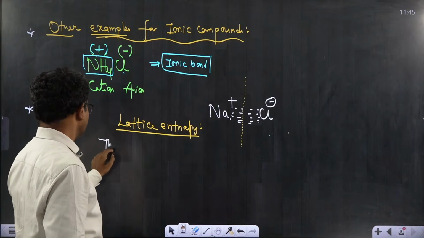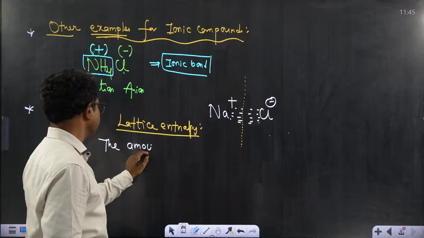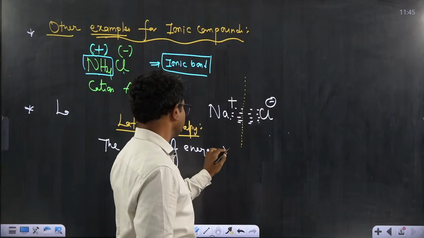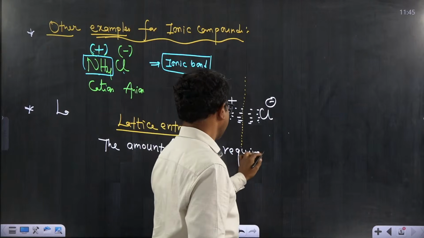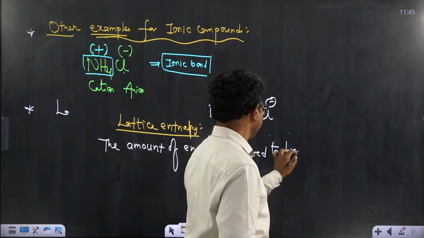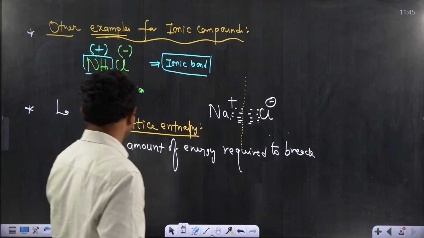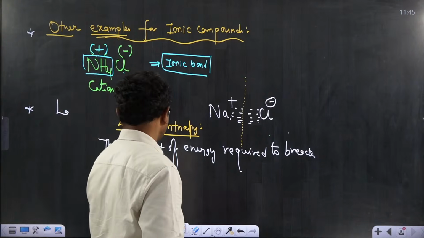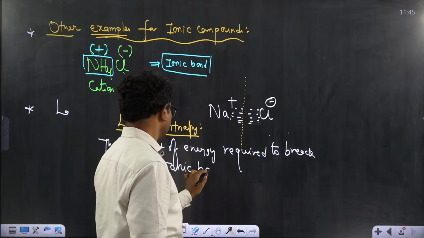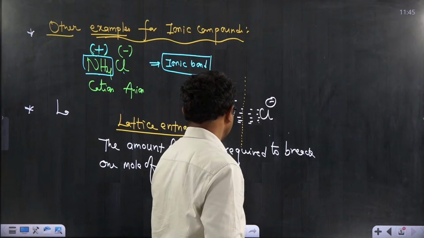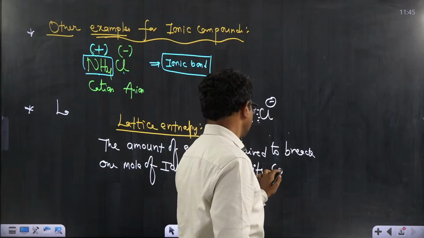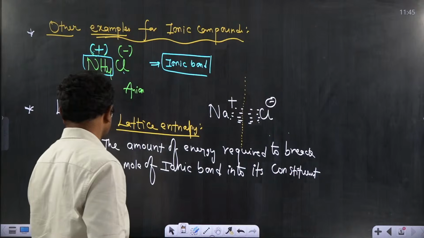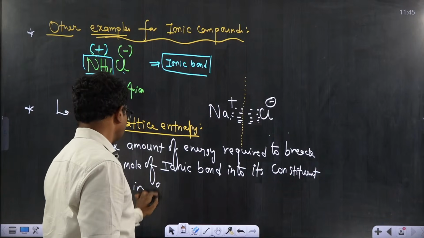The amount of energy required to break 1 mole of ionic compound into its constituent ions in gaseous state.